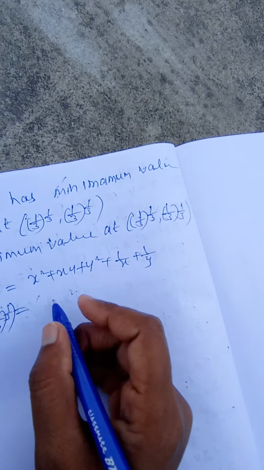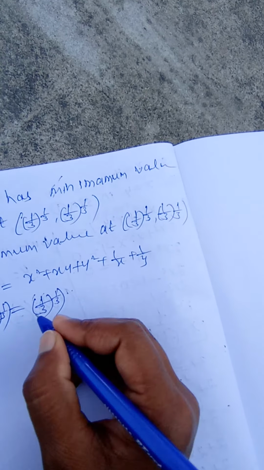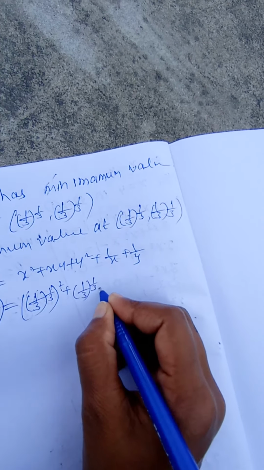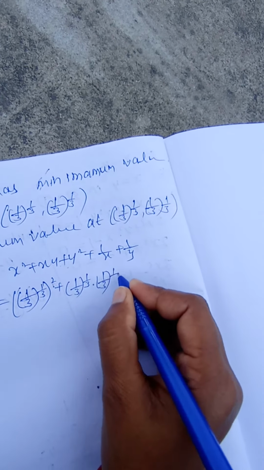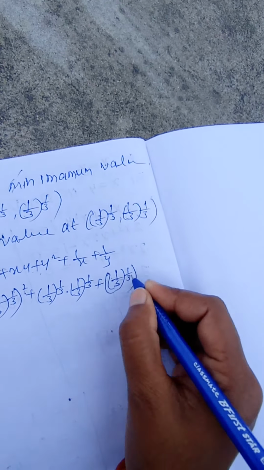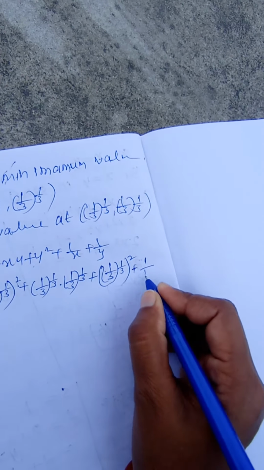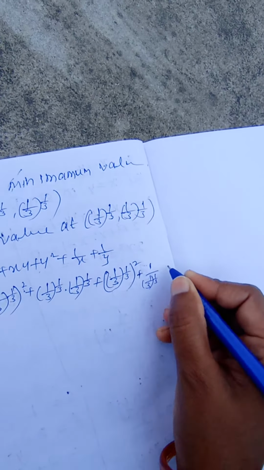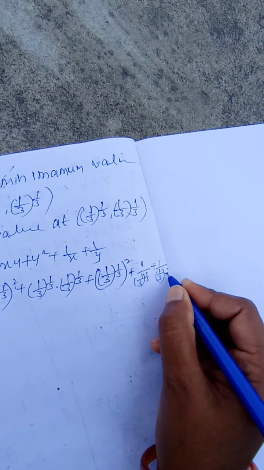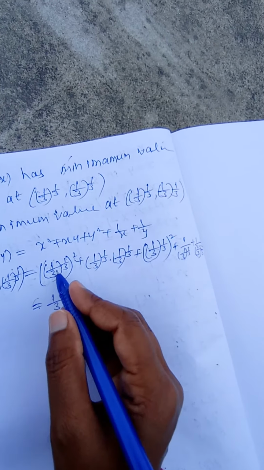So this is ((1/3)^(1/3)) square plus xy, (1/3)^(1/3) times (1/3)^(1/3), plus y, ((1/3)^(1/3)) square, plus 1 by x, 1 by (1/3)^(1/3), plus 1 by (1/3)^(1/3). So this is 1/3.